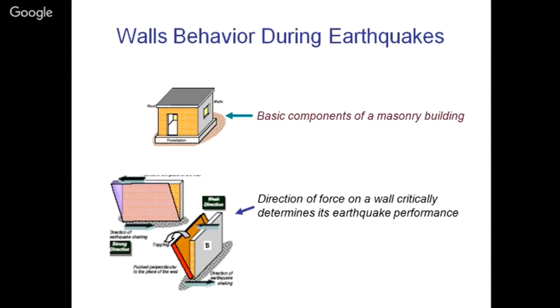Wall behavior during earthquakes. As I have said earlier, in masonry the basic problem is, one, that masonry is a brittle material, and the problem becomes more critical because we don't have proper connections, despite having a brittle material in construction.